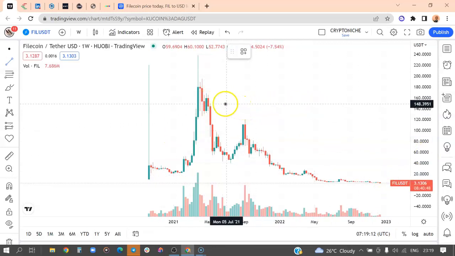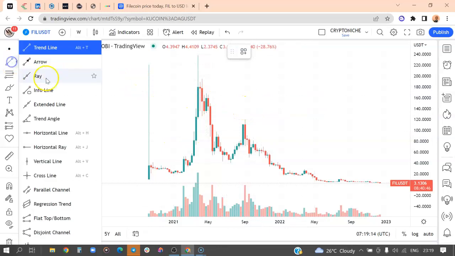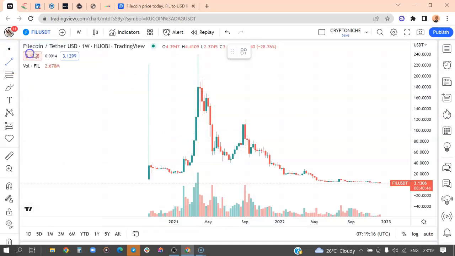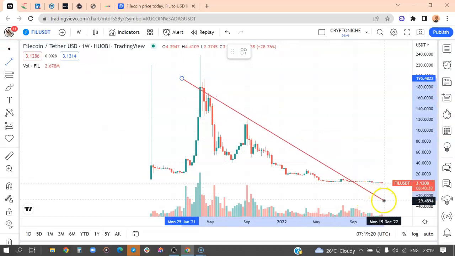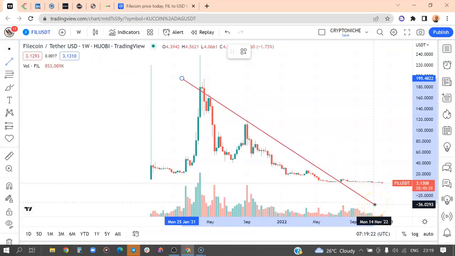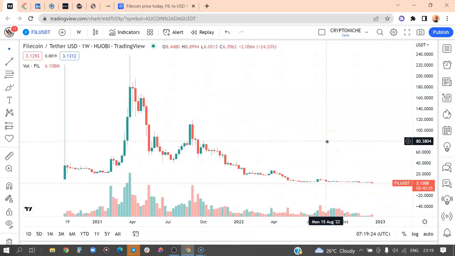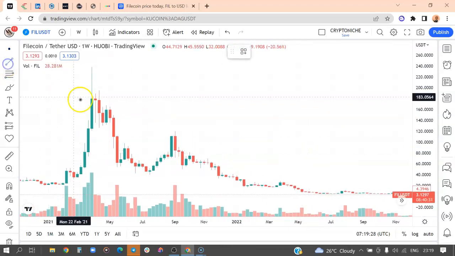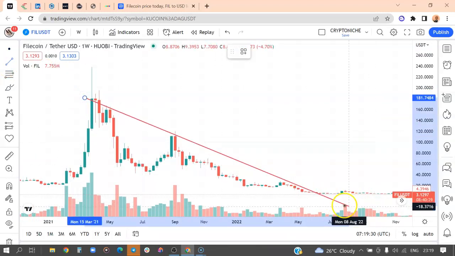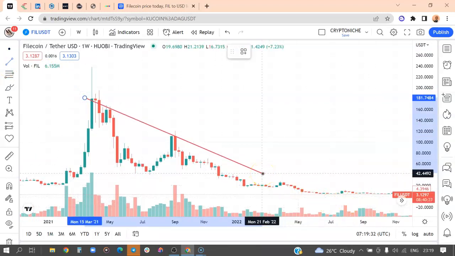So now, if you look at this on a larger time frame, if you look at this trend line, it's been going downward. Can you see?